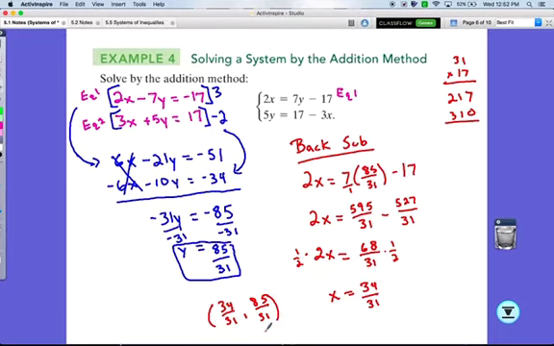If I plug the y in on the other side, 7 times parentheses 85 divided by 31, close parentheses, minus 17. That gives me the exact same answer. Now try the second part. 5 times the y, which is 85 divided by 31.